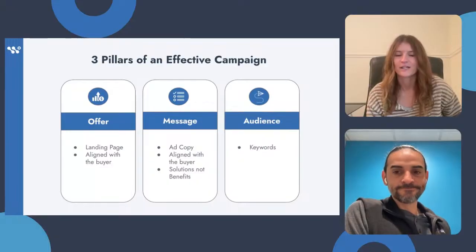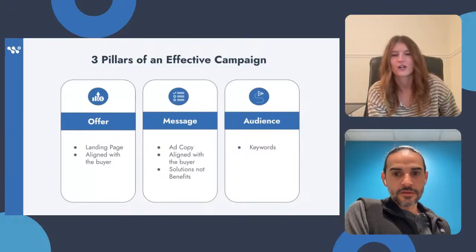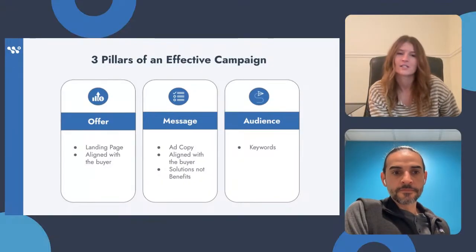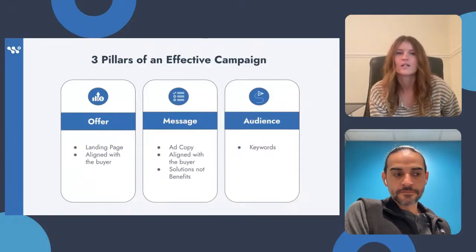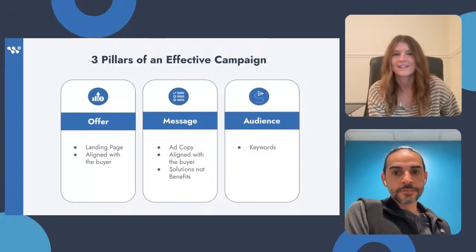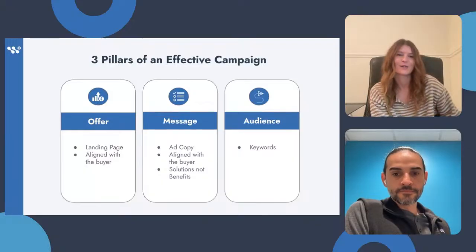So really find ways to naturally incorporate the keywords in the message strategy, not only for the ad copy but also the messaging on the landing page, where you're really speaking to who is viewing the ad and the landing page, and talking about the problems that you solve for that person, and not just what you offer and the aspects of what you offer.